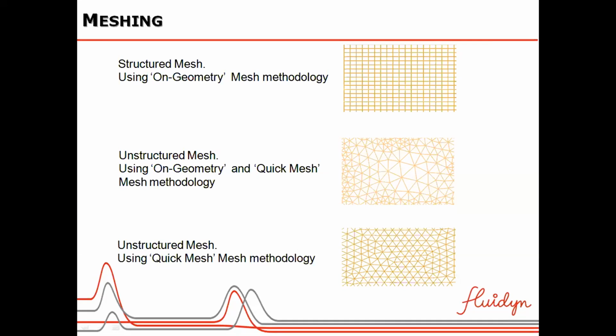Also, results wise, the end product or the objective is that you should get a result on the particular geometry. If the geometry is a complex one, the user can create an unstructured mesh on it, which will have almost the same accuracy as creating a structured mesh.